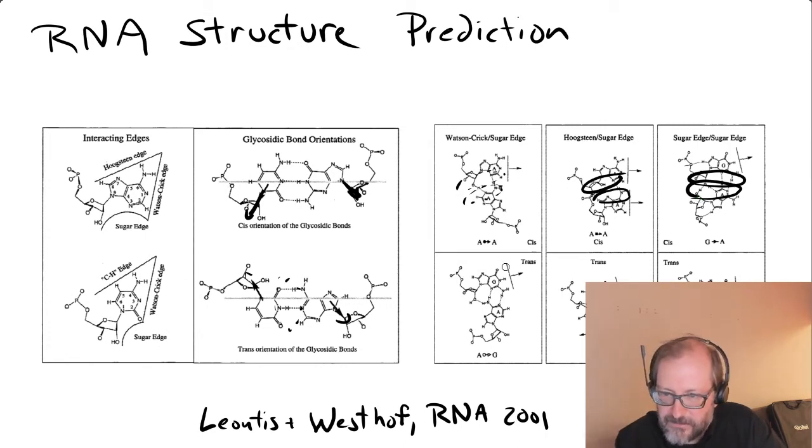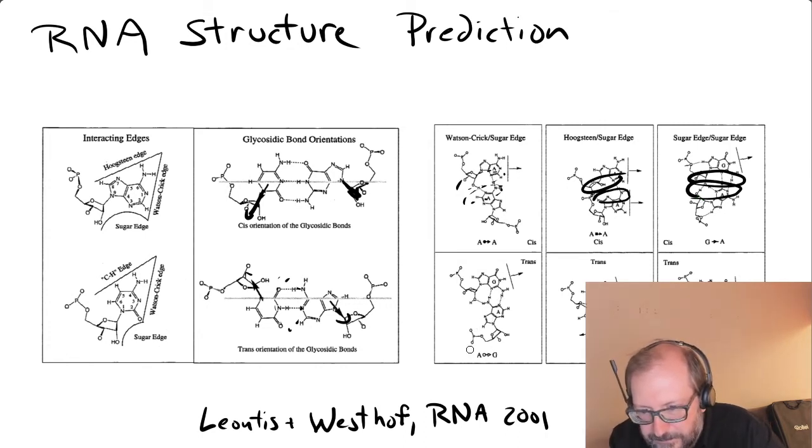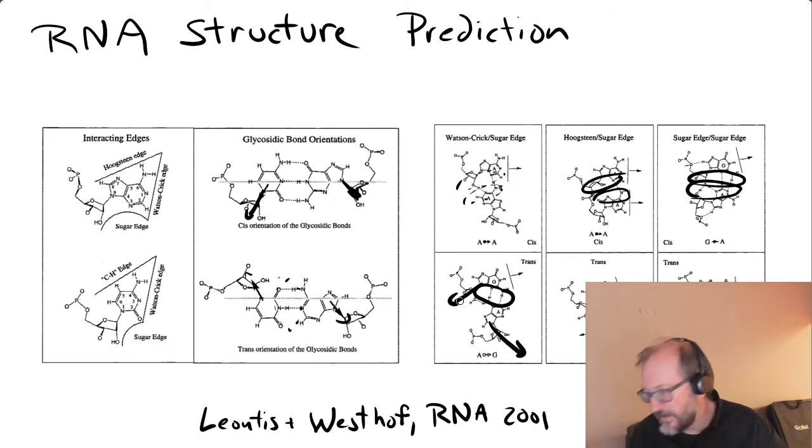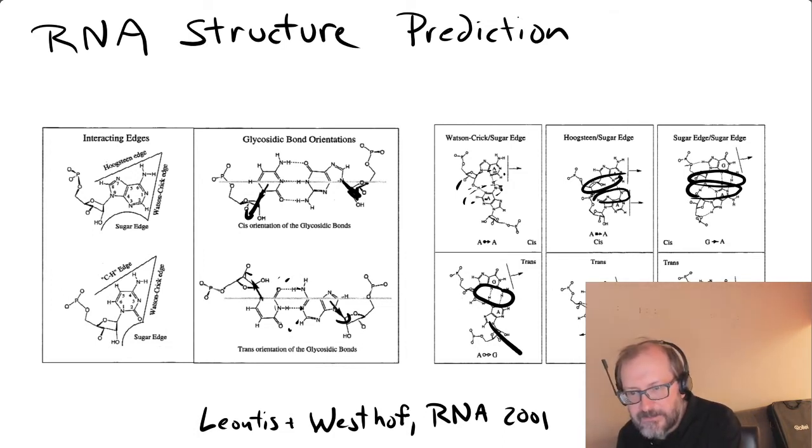Let's see. So the last one might be this. This is a Watson-Crick sugar edge interaction, and this one is actually in trans. So if you see here are the hydrogen bonds, and this glycosidic bond is pointing kind of that way, and this one is pointing the other way, and so that's trans. I'm going to delete those lines so you can see it a little bit better.